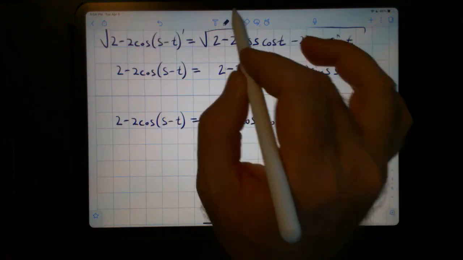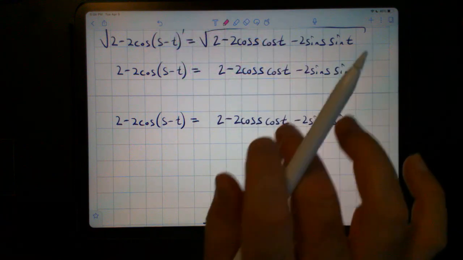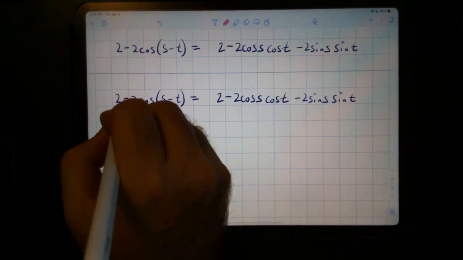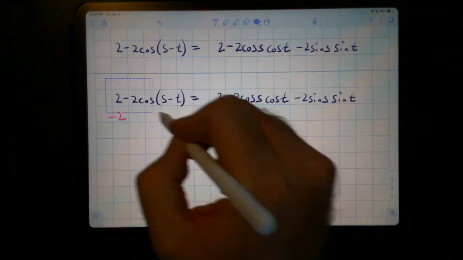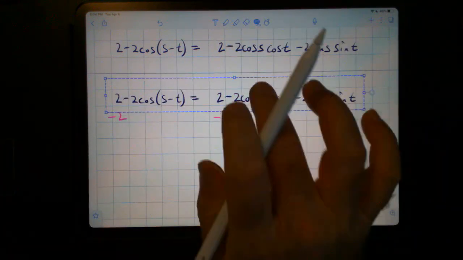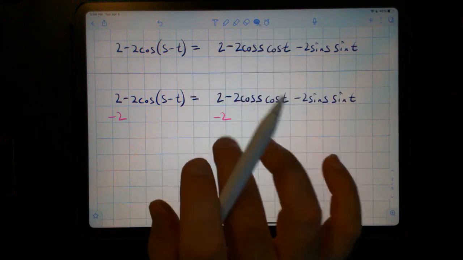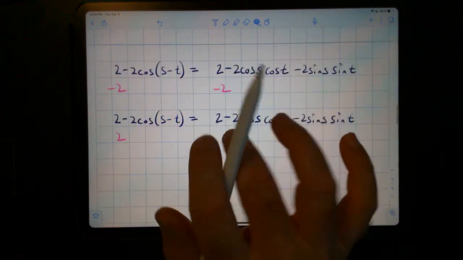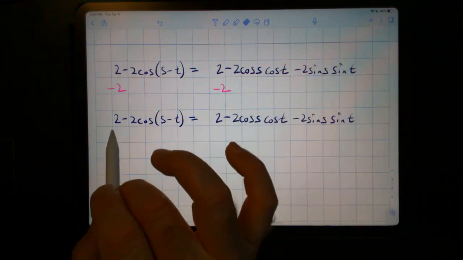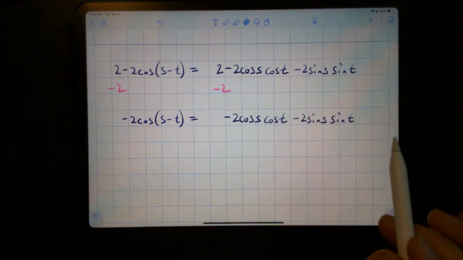Now we can subtract 2 from both sides. So if we subtract 2, we subtract 2, we get this.